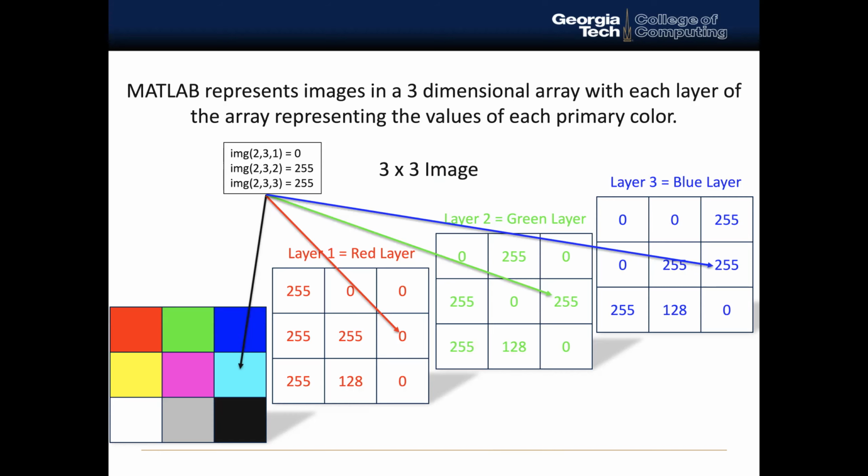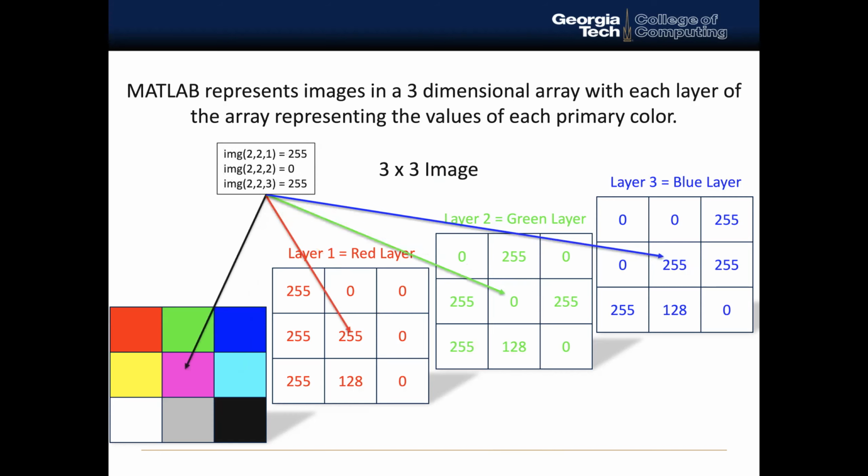So if we want to go to our purple color pixel, which is in position row 2, column 2, right here, the red component is 255, the green component is 0, and the blue component is 255. So that is a combination of the maximum red and blue values to create this purple hue.